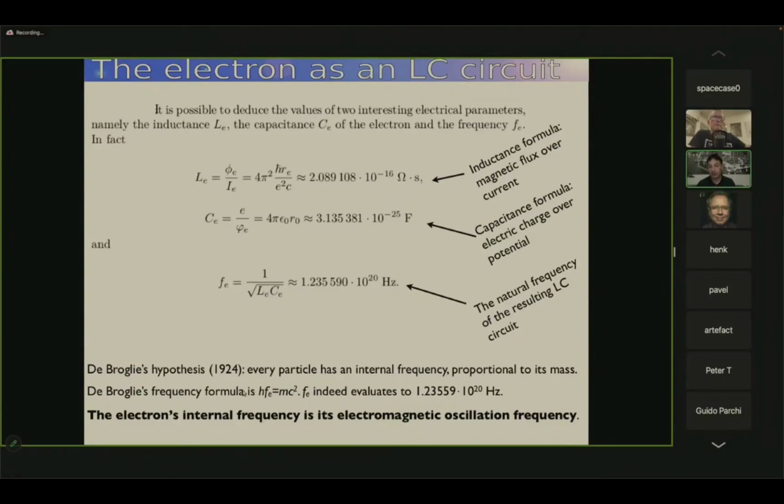And amazingly, this frequency, which de Broglie had this formula for, and which we can see in electron-positron annihilation, is exactly this number, which is the frequency of the LC circuit. So this again demonstrates that we are seemingly on the right path. The electron's internal frequency, which physicists call the de Broglie frequency, is nothing else than its electromagnetic oscillation frequency. So you can see that we are getting towards the bagel game.